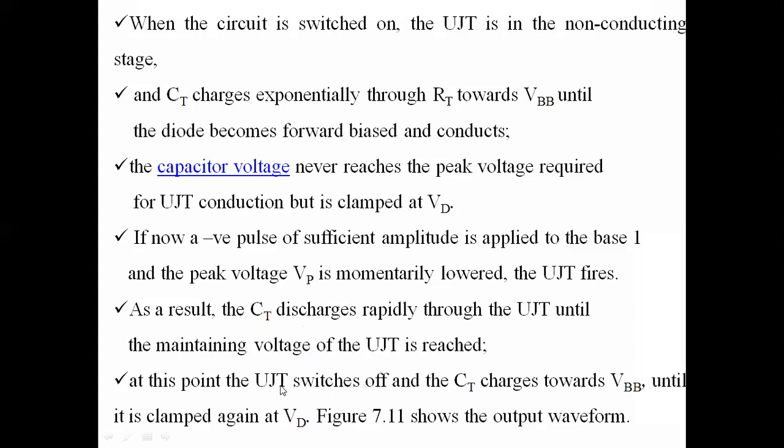Due to that, there is no further discharge of the capacitor, and the capacitor charges again towards VBB, but it will not reach the peak value of the UJT, because we selected VD, the voltage drop across the resistor R4, to be less than VP.